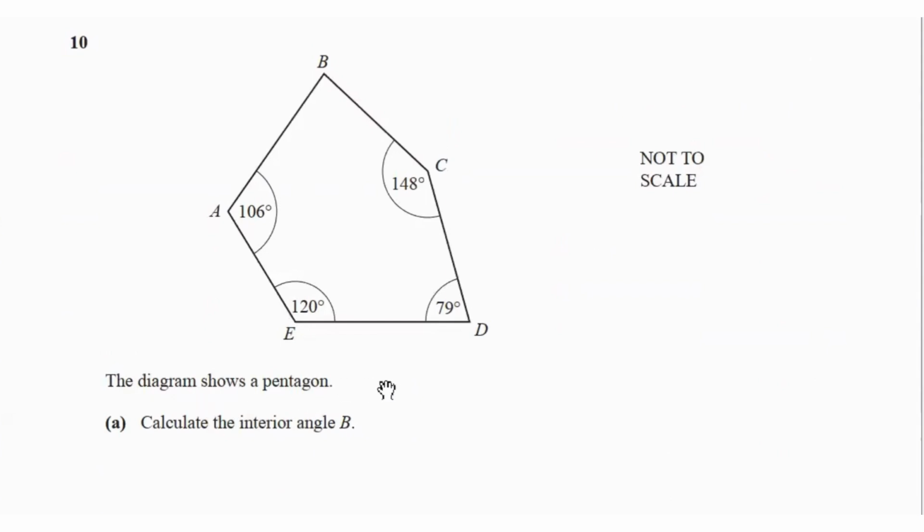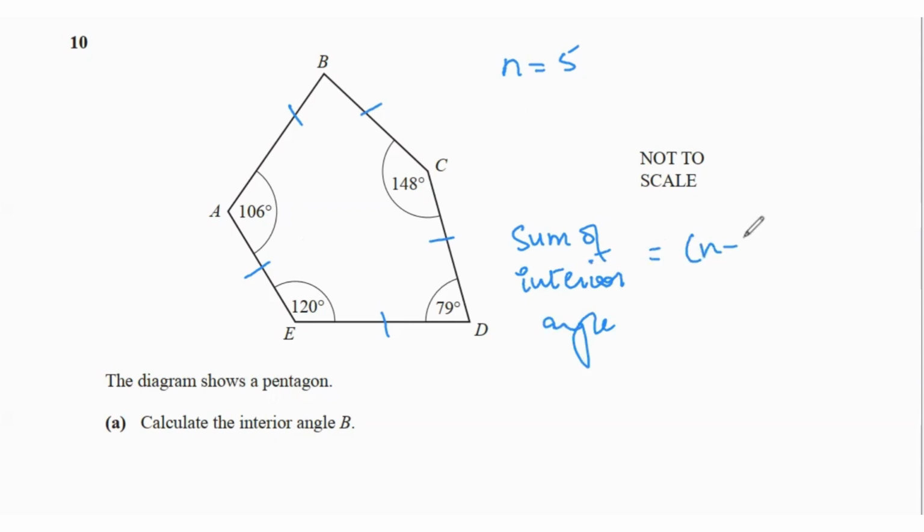Question 10 says diagram shows a pentagon. Calculate the interior angle B. So pentagon has 1, 2, 3, 4, 5 sides. N is 5. So first you can find the sum of interior angle. Sum of interior angle, that's going to be N minus 2 times 180.